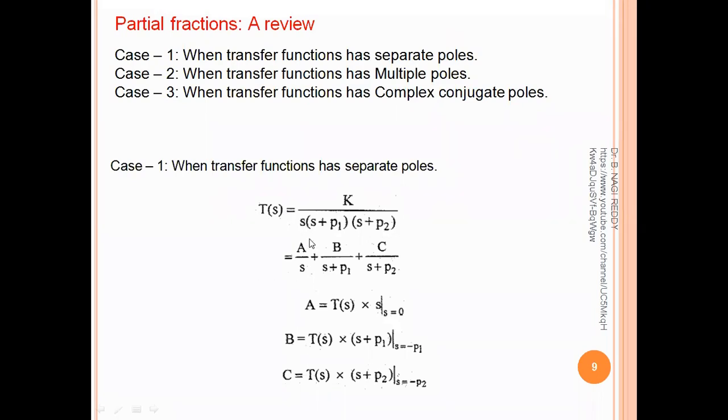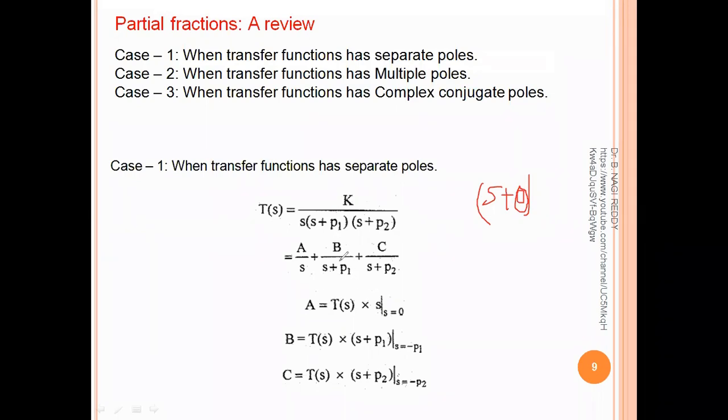If we want to write this s in terms of pole format, it is s plus 0. S means s plus 0. That's why we need to substitute this pole in this equation in order to get the a value. You will understand this clearly by an example. In the next slide, I'll tell you an example.